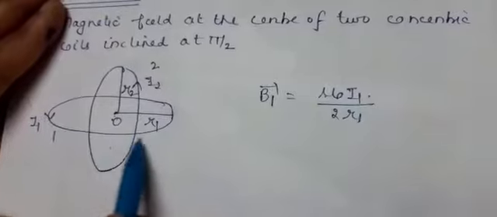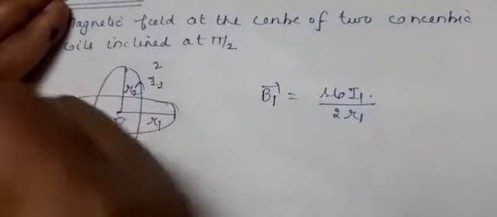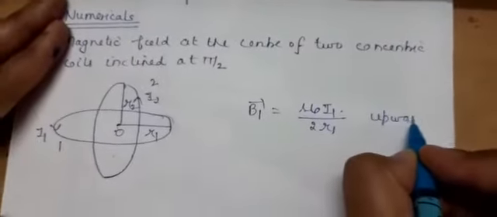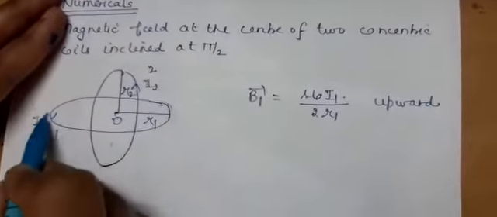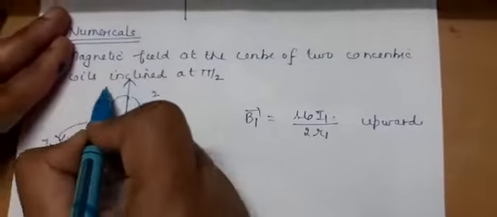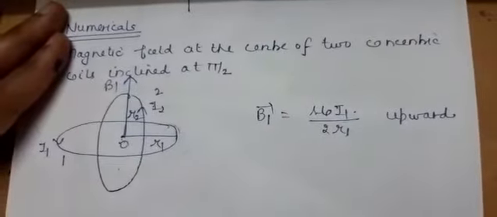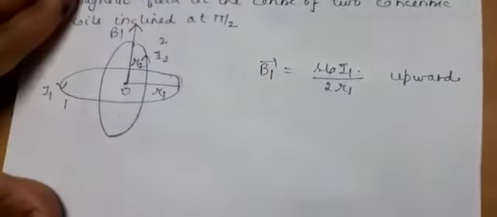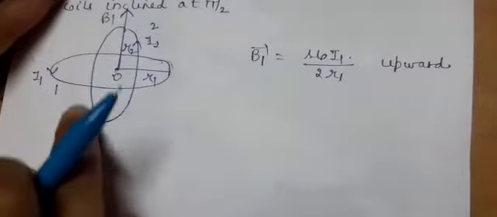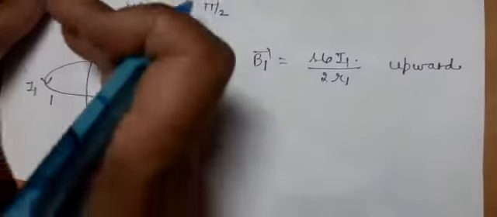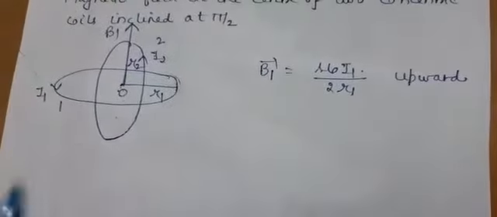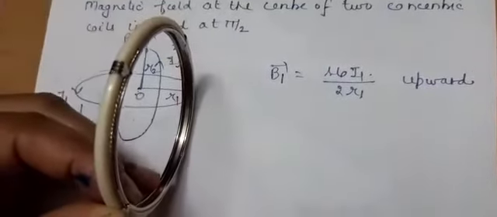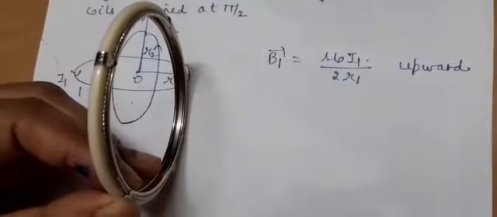So for this loop, current is along this direction, thumb is pointing upward, so the magnetic field is upward. For this loop, I can represent the magnetic field along this direction, upward. Why? Because you can see, curl the fingers, thumb is pointing upward. For the second loop, here the current is along this direction. Actually the loop is shown here, but it is perpendicular to the loop in the horizontal plane.